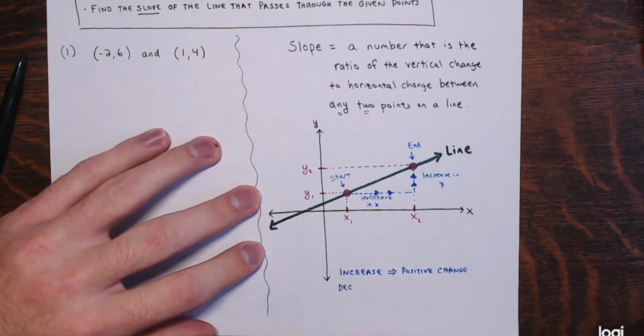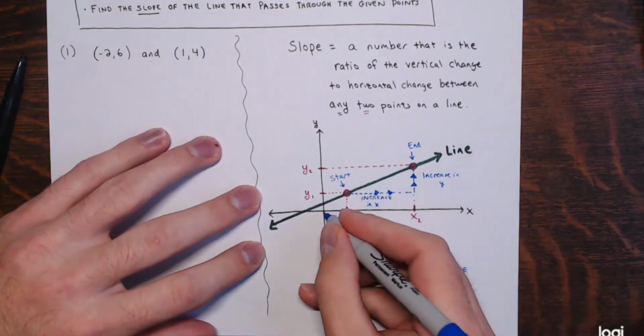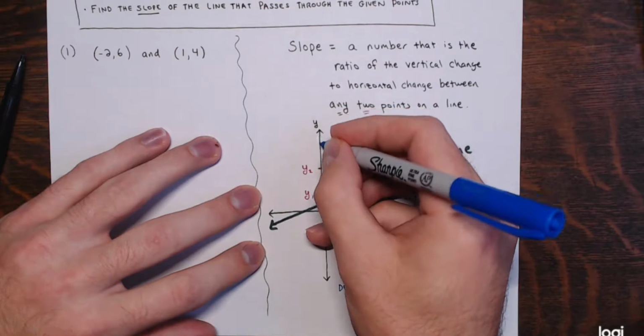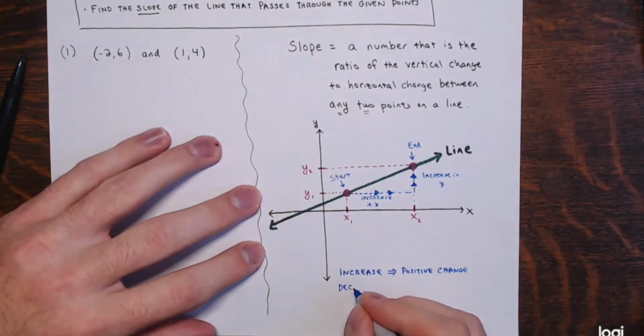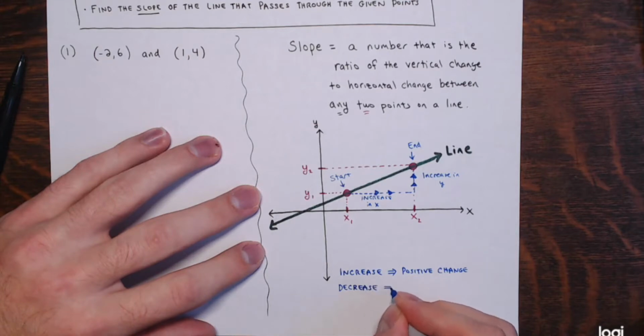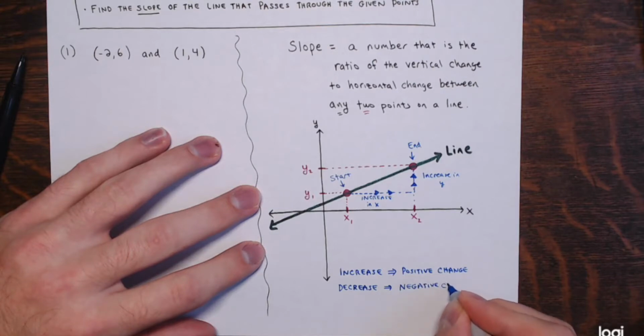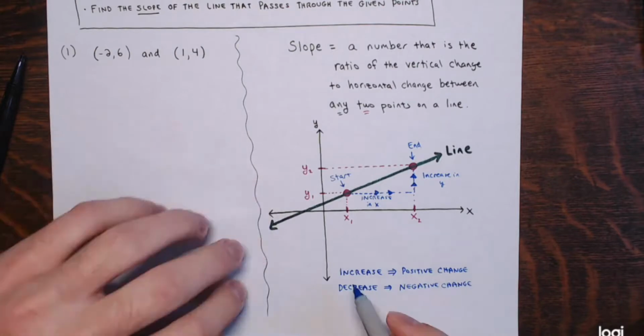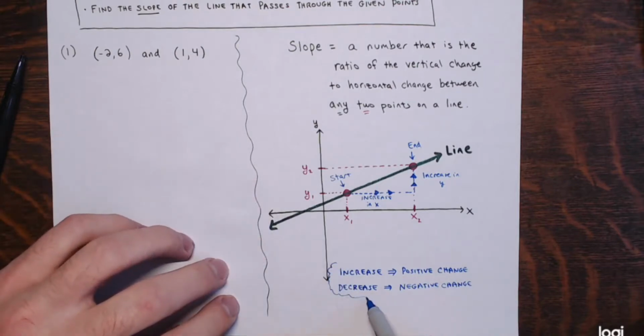If an x coordinate or y coordinate decreases, if you go to the left on the x-axis, or if you go down on the y-axis, if there's a decrease, that will be a negative change. So please, keep this in mind. This will be huge.